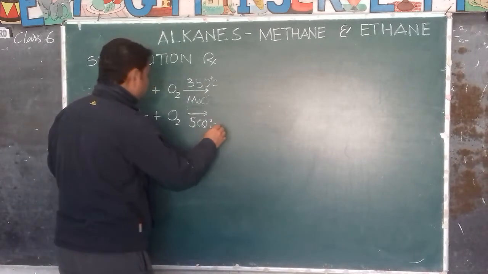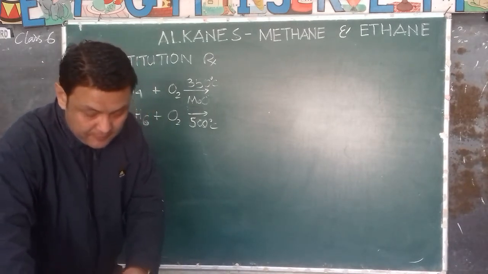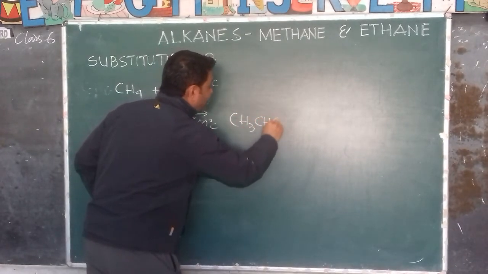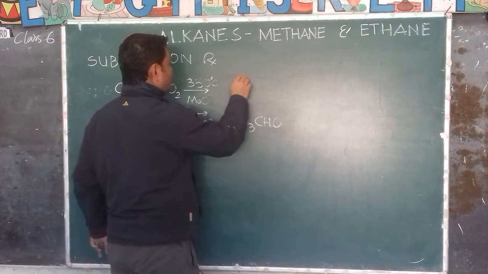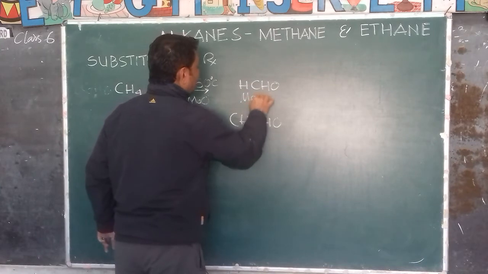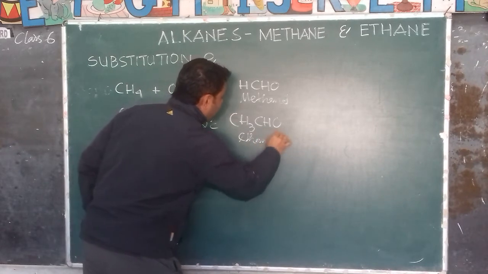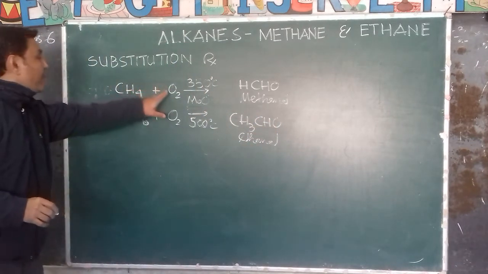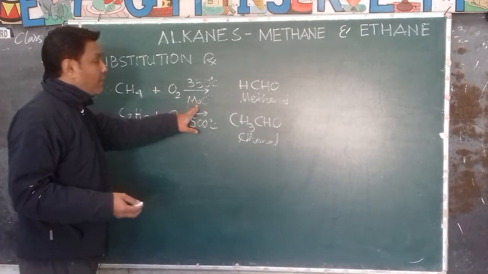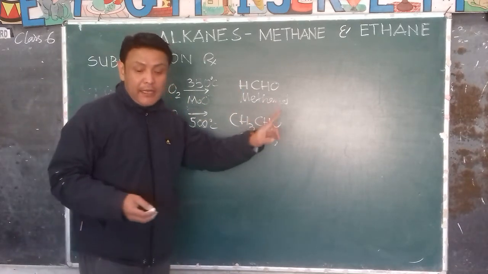Ethane becomes ethanal because it has two carbons, so CH3CHO. This is ethanal, and this is methanal. There's only one carbon, so HCHO. So methane in the presence of oxygen oxidizes with the catalyst molybdenum oxide to produce methanal, and ethane similarly gives ethanal.